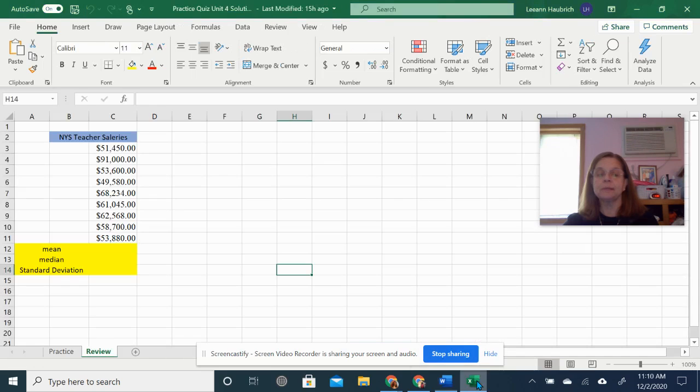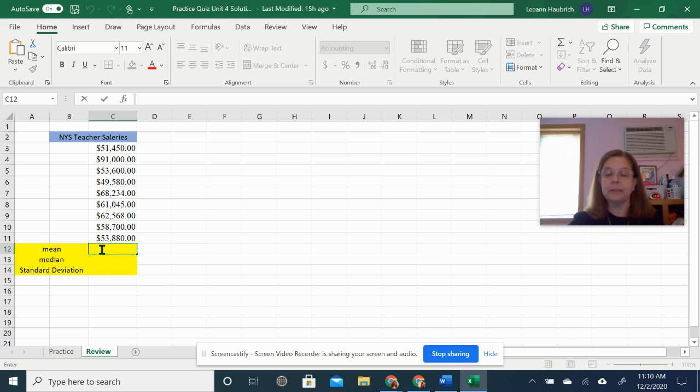So I'm going to Excel. I already set up mean, median, and standard deviation. The only reason why I put these in a different color is so that I know where to stop my drag. So when I click on and drag the numbers, I don't want to accidentally go too far, so I put a color in it.